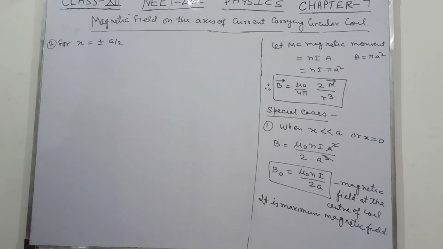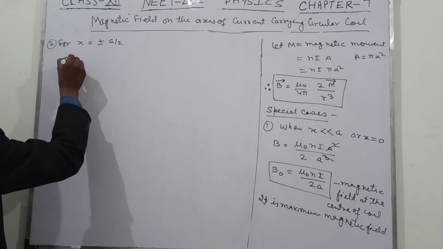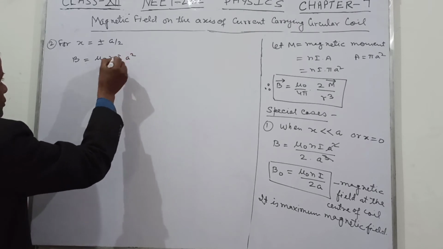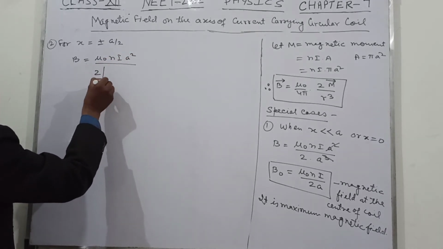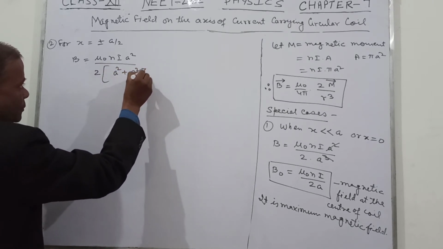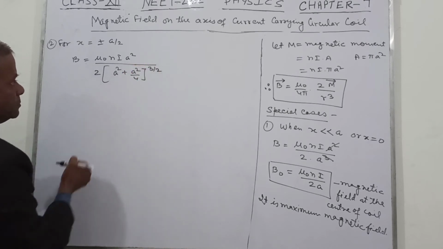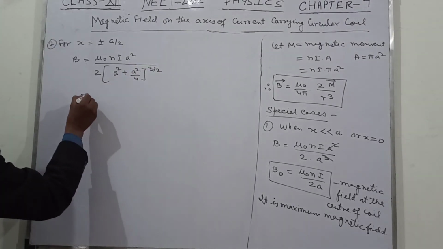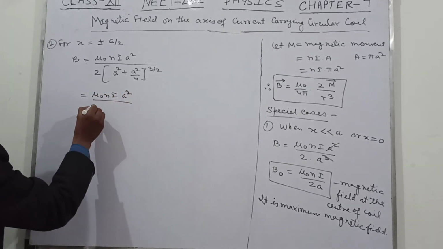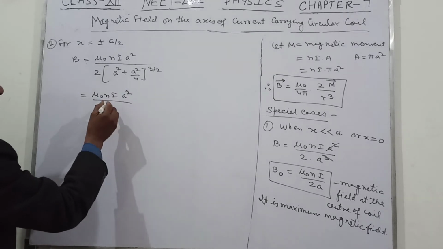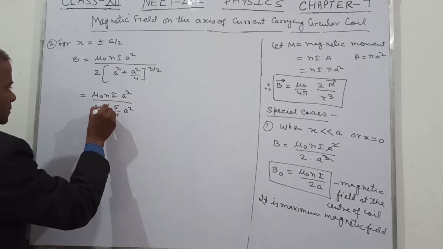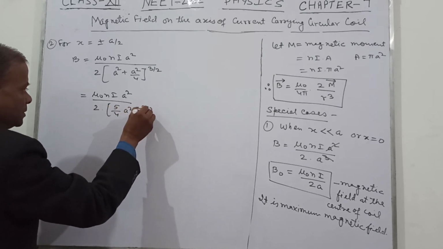For x equal to plus minus a by 2, B is equal to mu naught n I a square upon 2 into a square plus a square upon 4 raised to power 3 by 2. So how much will this be? This is mu naught n I a square upon 2, and to solve this, it is now 5 by 4 a square raised to power 3 by 2.